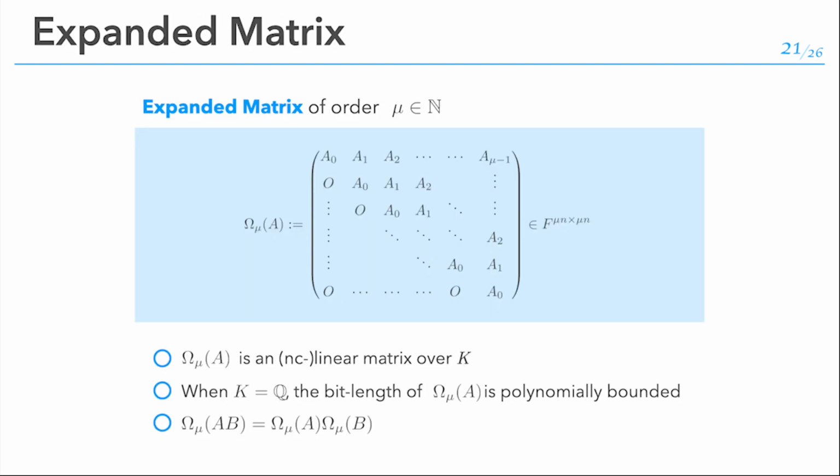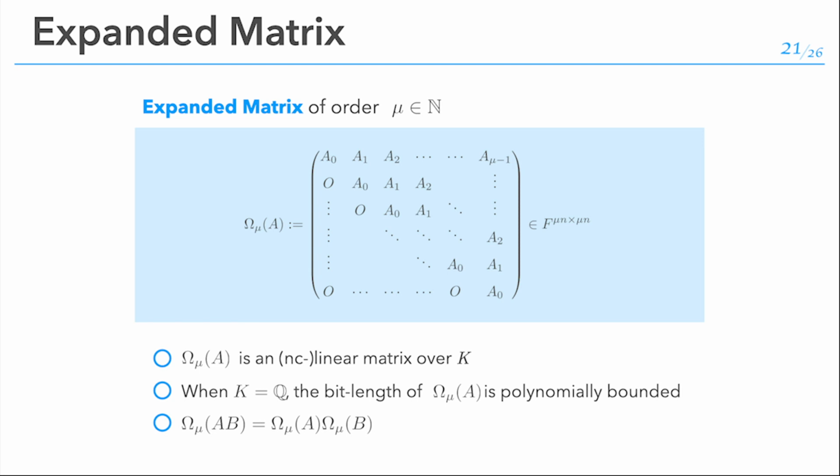Given a polynomial matrix in s inverse, we construct an expanded matrix like this block matrix. It is easy to confirm that this expanded matrix is a commutative or non-commutative linear matrix over K. And if K is Q, then the bit length of this matrix is polynomially bounded.